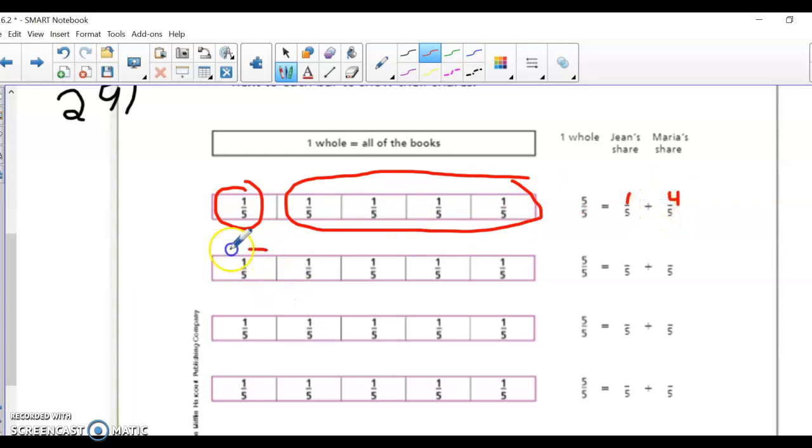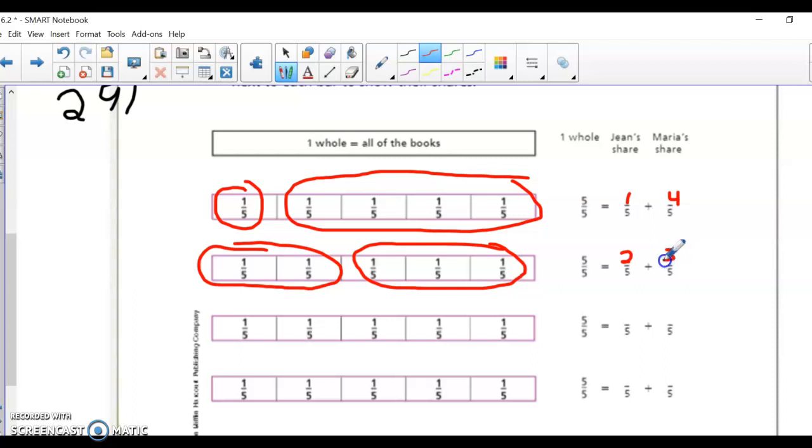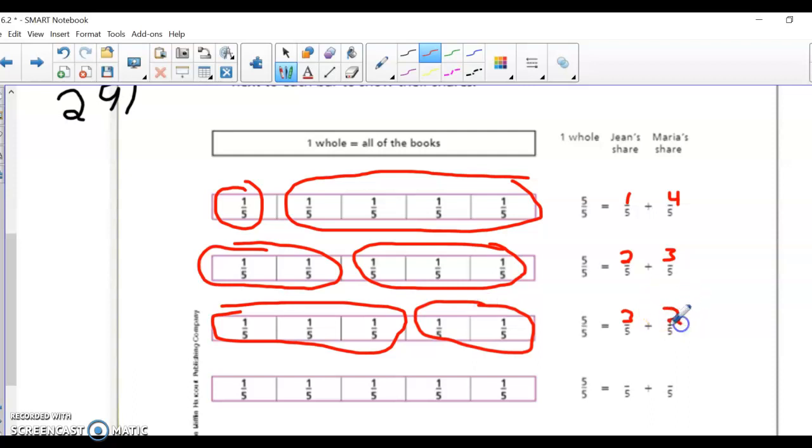And then another way I did it, I said I had these 2/5, and then I needed to add these 3/5. So I said this is 2/5 plus 3/5. And I could keep growing my first circle a little bit bigger, and I could say, well, now I have 3/5, and I want to add in these last 2/5. Okay?